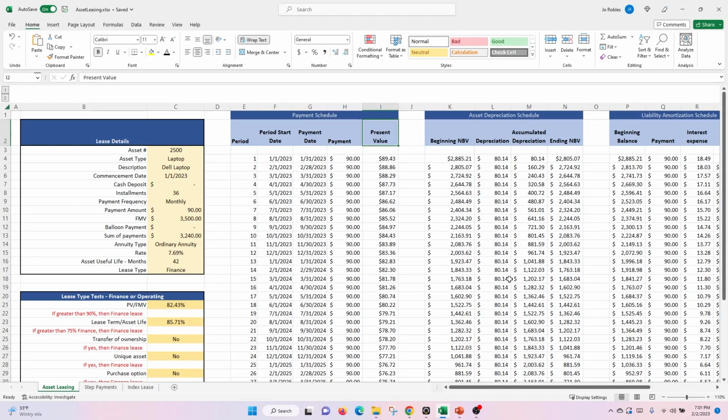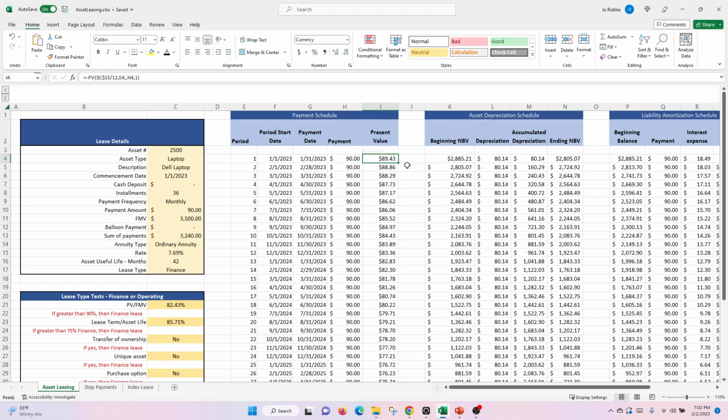Now, the present value calculation is important for two reasons. First, you're going to use it to determine what the initial value of the ROU asset and liability will be. And the second reason is you also use it for one of the lease classification tests.